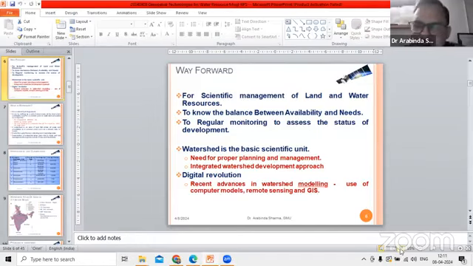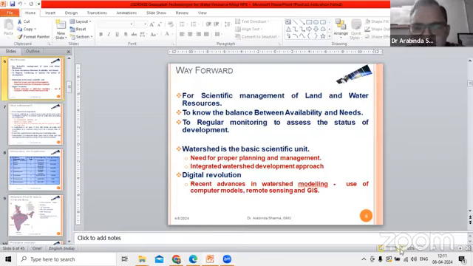The second thing is that over the period of time, though we have to study watershed management, we should not do that in a traditional way. Why so? Because over the last 30-40 years we have been able to develop things in digital modes.